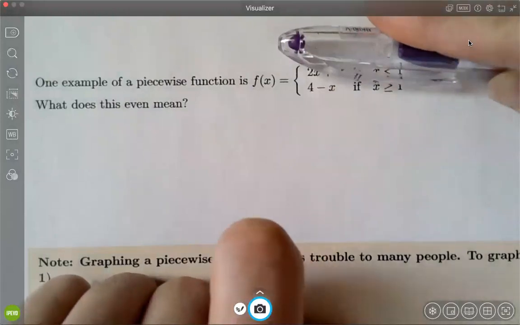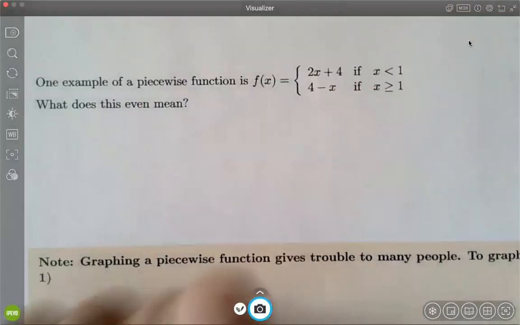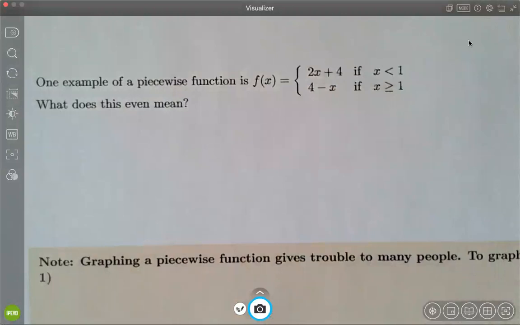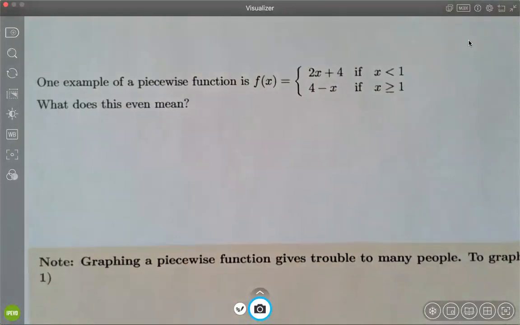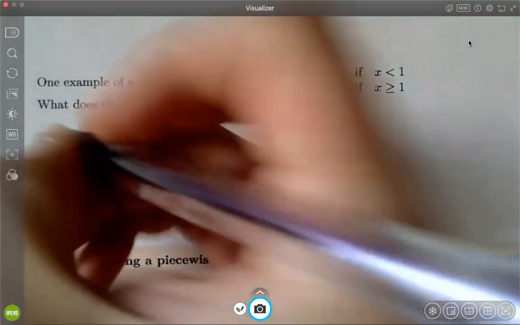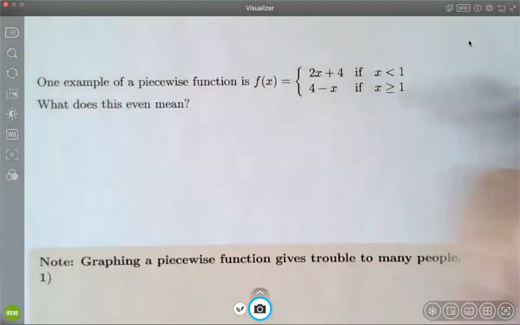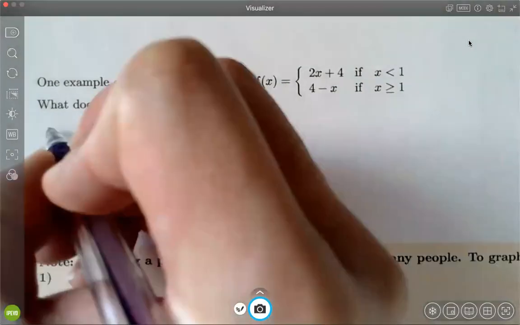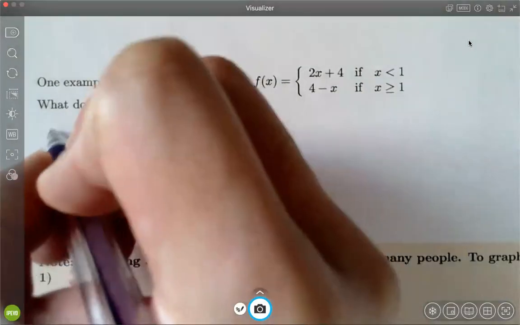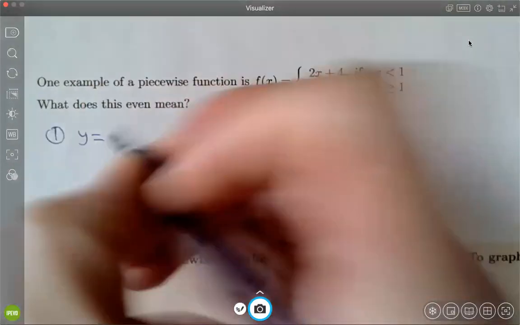Now here there are two weird things. There's an open bracket, and then there is the if part. So what does this function even mean? There are two ways to define it. The first way: we have y equals 2x plus 4.